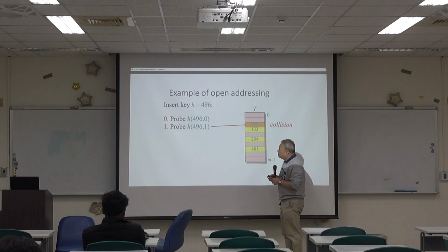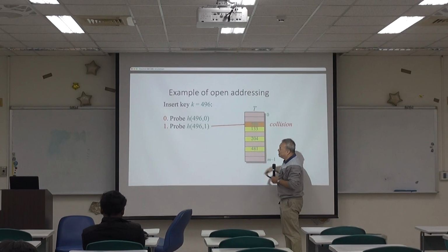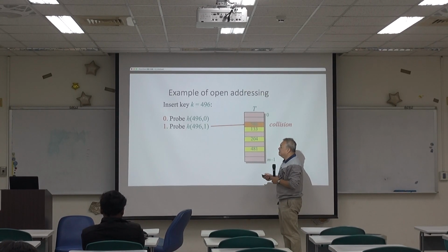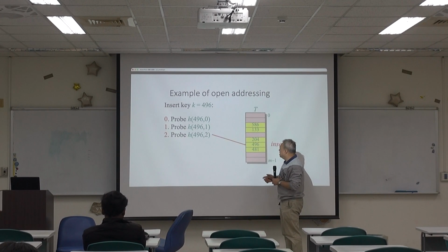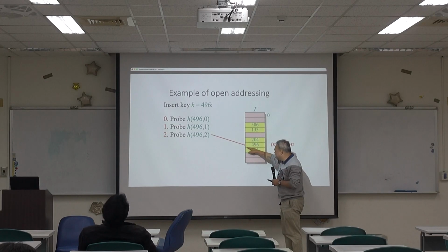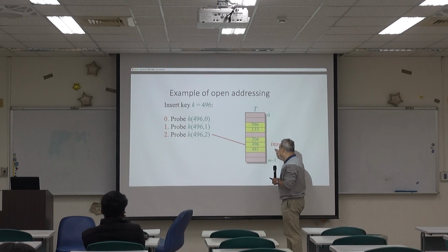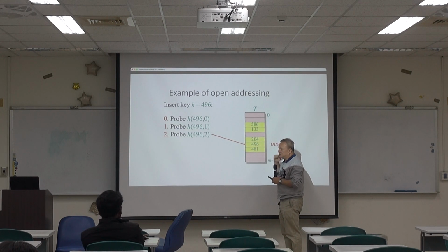So then we try h(496, 1). Again, it gets mapped to here, so there's another collision. This space has been taken. So then finally, h(496, 2). This is the place that has not been taken.